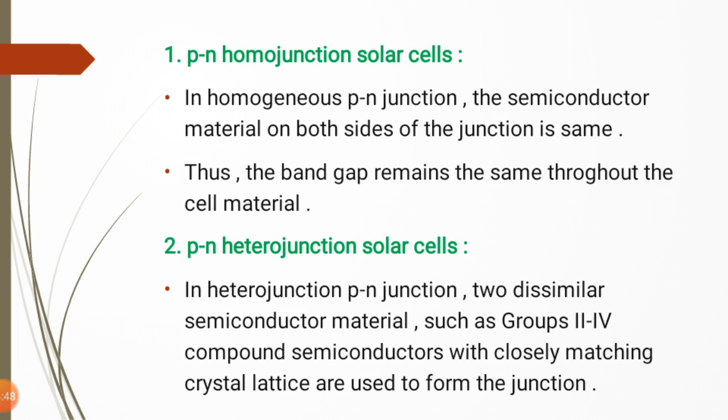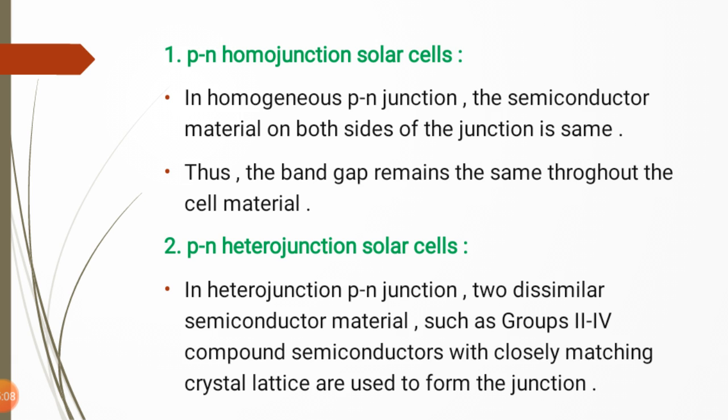Second is the p-n heterojunction solar cell. In a heterojunction p-n junction, two dissimilar semiconductor materials, such as group second and fourth compound semiconductors with closely matching crystal lattices, are used to form the junction.